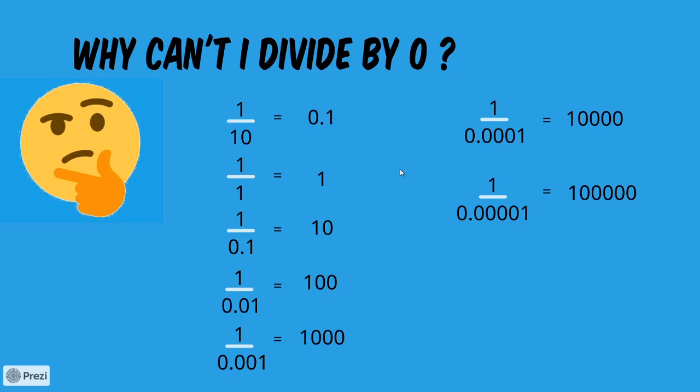Now, what do you see here? As I keep making the denominator smaller and smaller to almost 0, the final answer becomes larger and larger, very, very large, and extremely large.